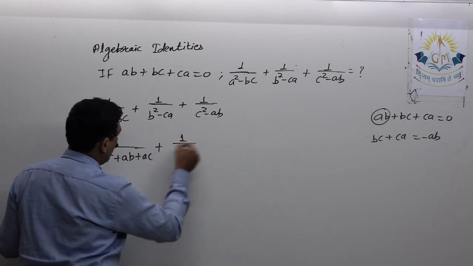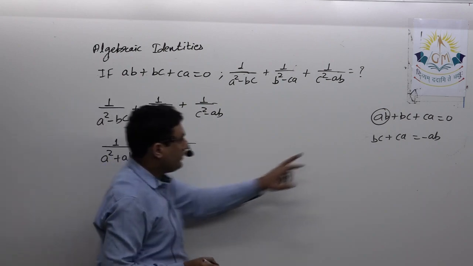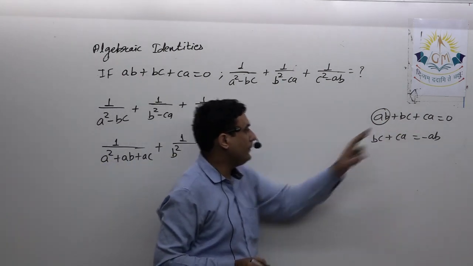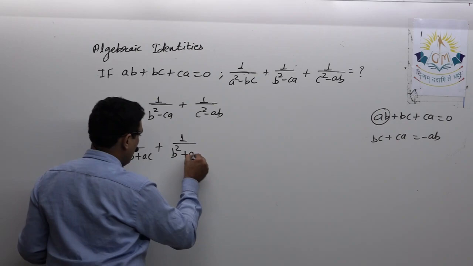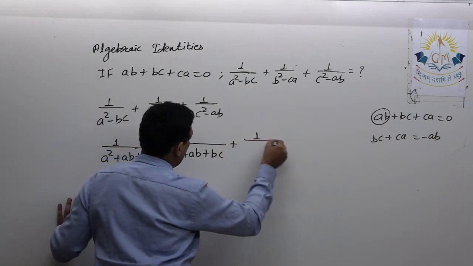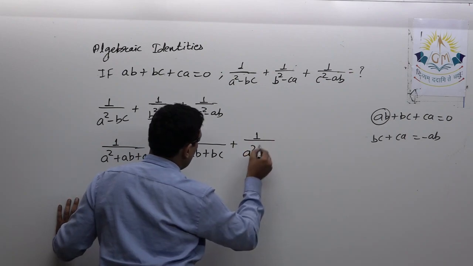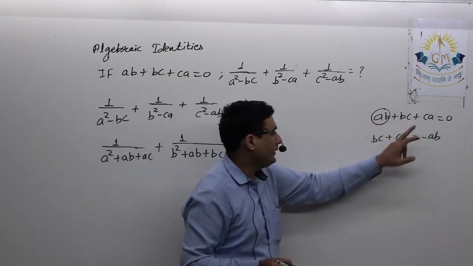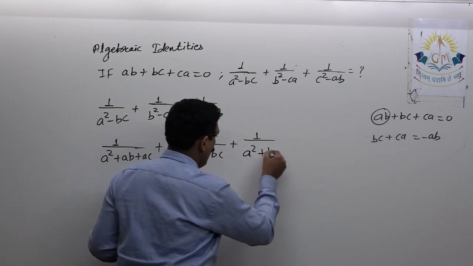Plus 1 upon B square. This minus CA will be equal to AB plus BC. Plus 1 upon this minus AB, which can be written as BC plus CA.